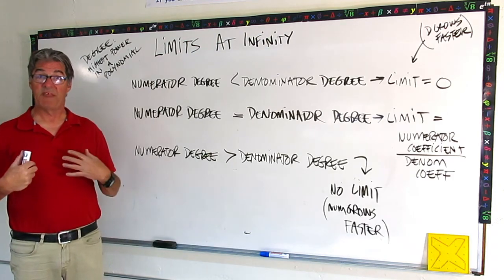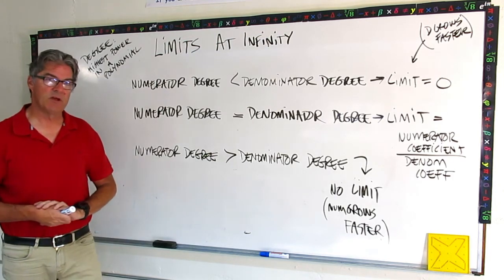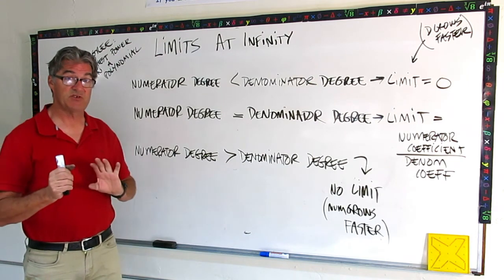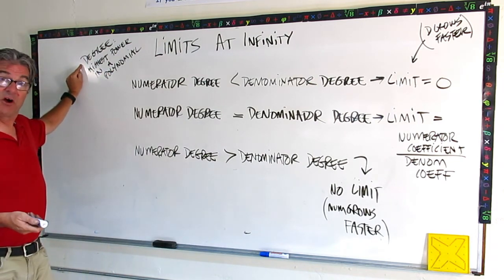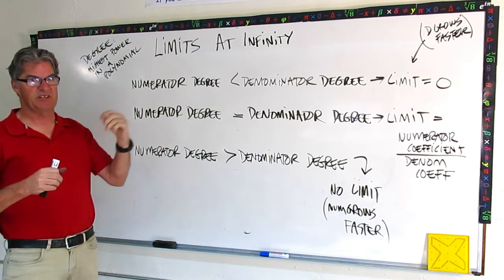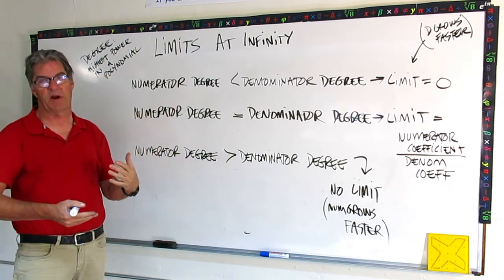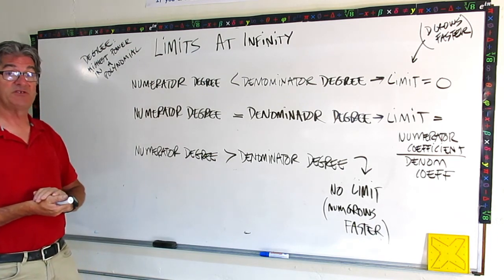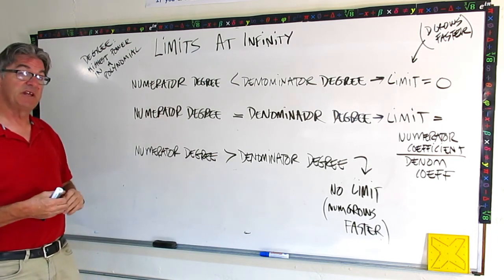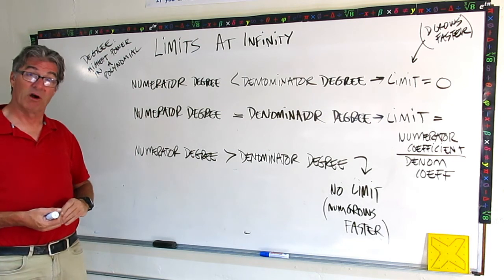Okay, let's sum that all up. First, one vocabulary word that you probably had before, but let's just make sure it's clear. When we talk about the degree of a polynomial, which is just an expression like 6x cubed plus 2x squared minus 9, or something like that, the degree is the number of the highest power.